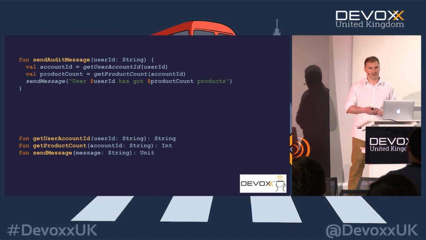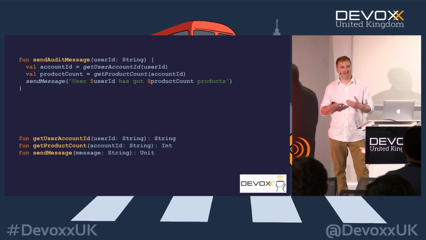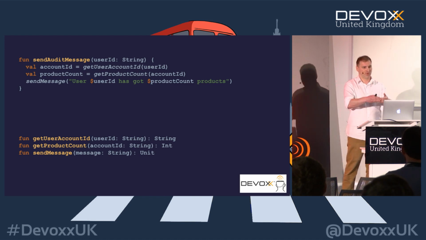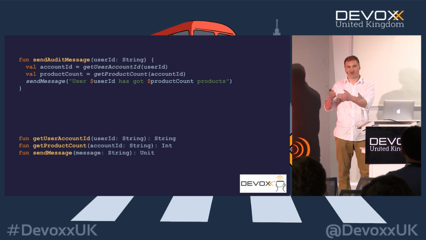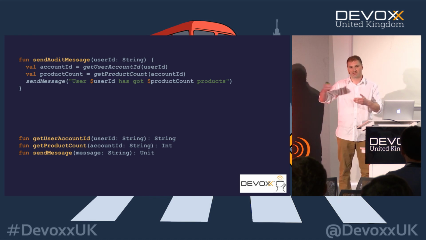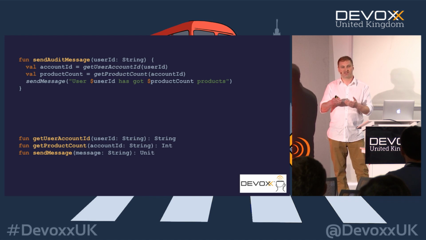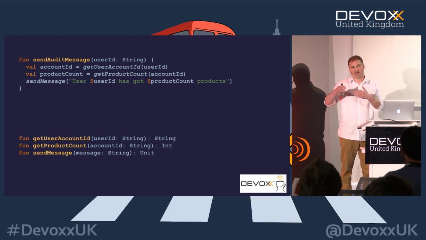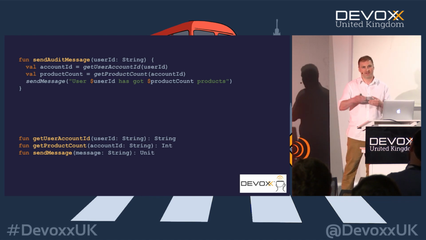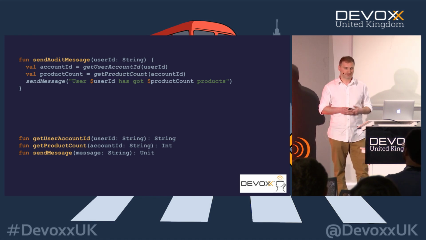It's blocking code. If a thread executes this code, then in those three methods the thread has to be blocked to wait for the response from the server. It sends a request, for example, give me the account ID, and then it's just blocked, waiting, for example, on the socket to receive the response from the server.